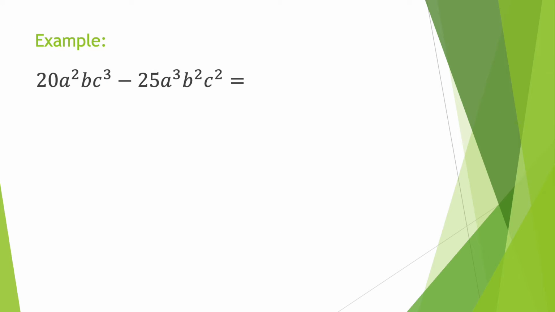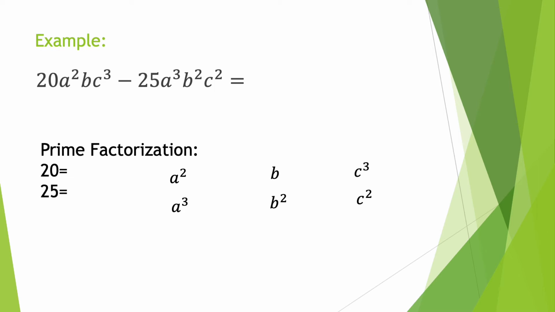Example number 1. 20a squared b c cubed minus 25a cubed b squared c squared is equal to, ulit, ang gagawin natin, kuhanin ang kanilang prime factorization or yung factor nila. So sa 20, ang prime factorization niya ay 5 times 2 times 2 at sa 25 naman ay 5 times 5. Then, we have a squared and a cubed, b squared, c cubed, and c squared.